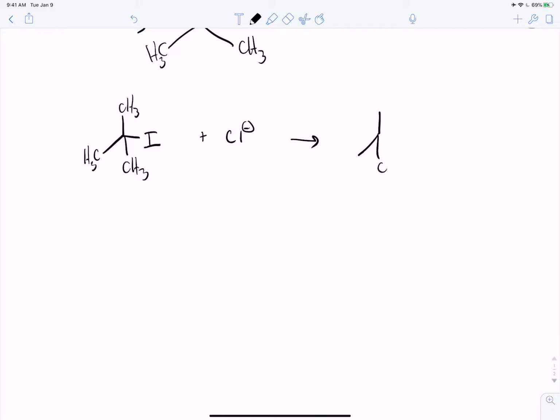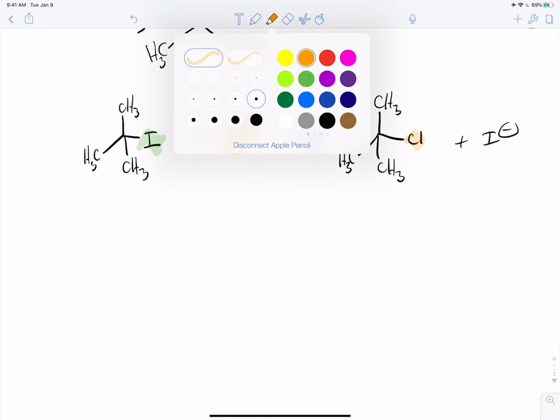If you're just looking at the overall reaction, it can be hard to say whether or not this took place via SN1 or SN2, because I had my leaving group, I had my nucleophile, it substituted out. The leaving group did leave, just like it would in an SN2 reaction.